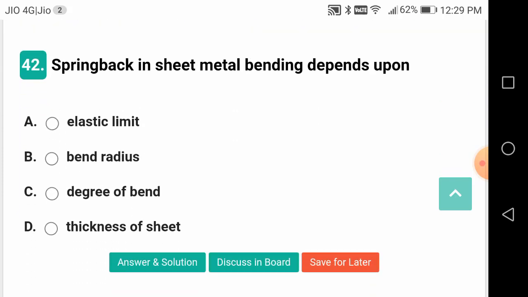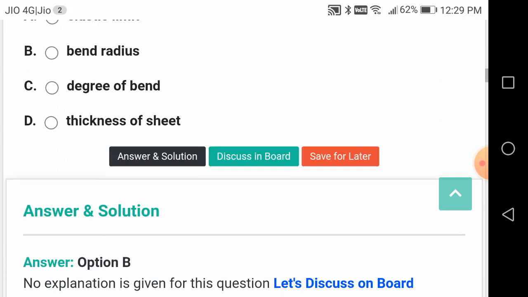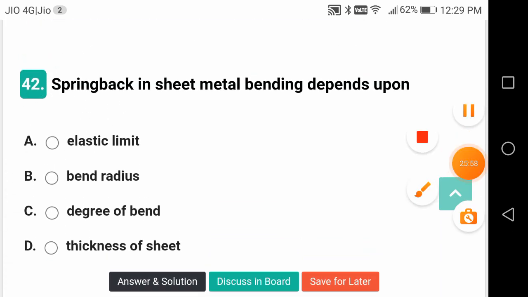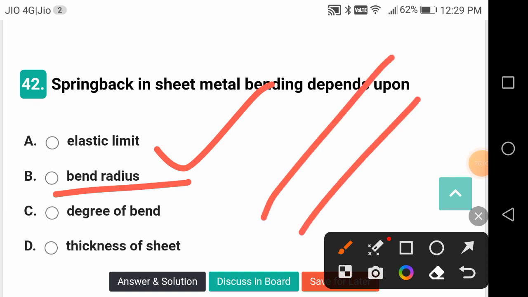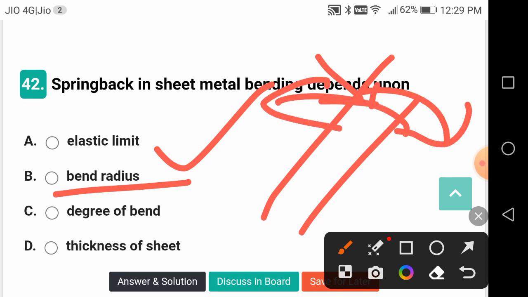Spring back in sheet metal bending depends upon bend radius. So I have got a plate like this, friends. So I want to bend this, for example. Okay. So it will come back once again, right? This is called spring back.